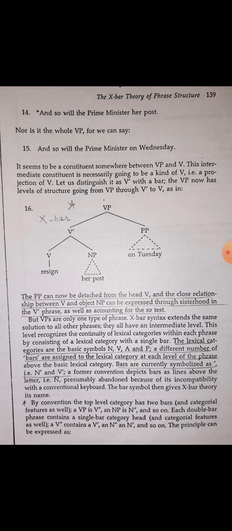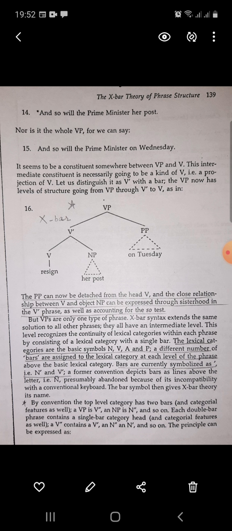So resign is the actual word, lexical category, and it is a verb, and that verb is further leveled up to V bar because it contains another item in the sisterhood of V, and that is the noun phrase. I hope that you can understand the things well.